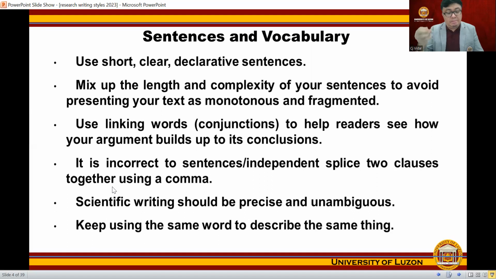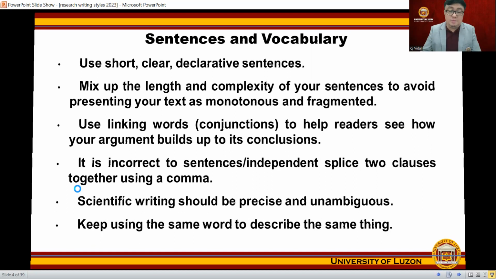So we keep a high level of consistency with our vocabulary so that our readers do not become confused. So that is item number six on sentences and vocabulary.